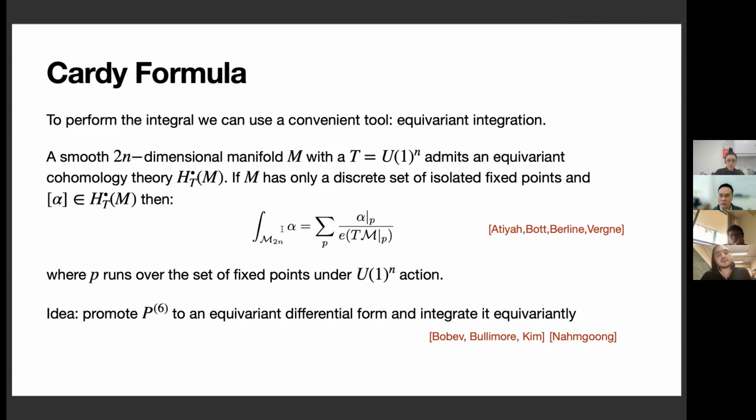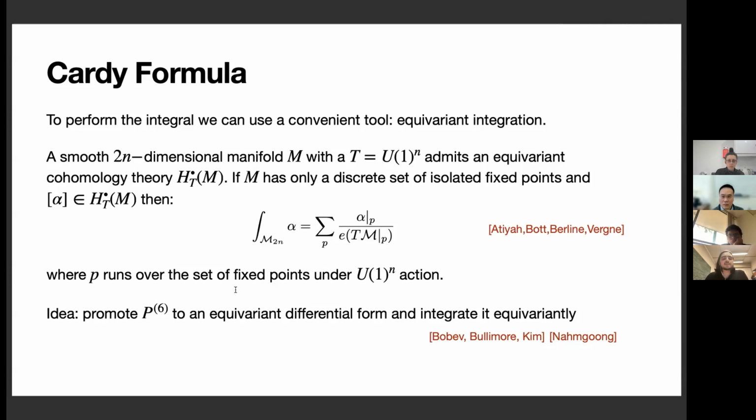That is, you can compute the integral of this form on the even-dimensional manifold by summing over the discrete set of fixed points and evaluating the characteristic classes alpha and the Euler class of the tangent bundle of the manifold, restricted at the fixed point. And these fixed points are the fixed points under this toric action.